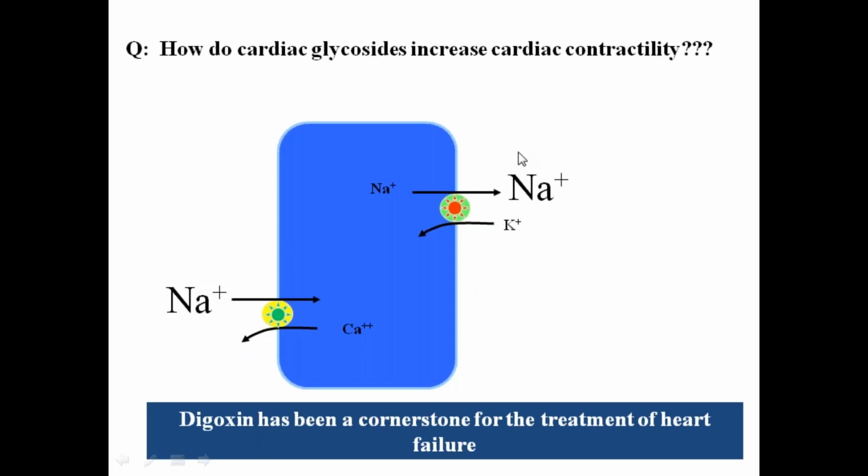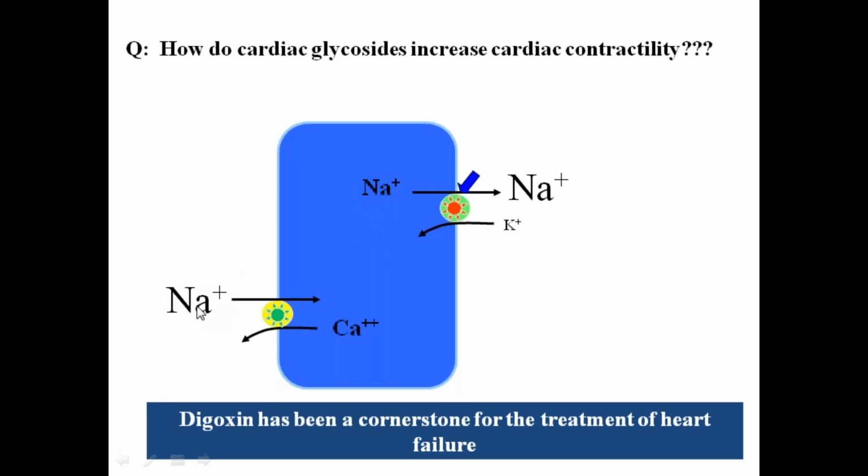Now what is happening? When you give this drug digitalis, it acts over this sodium potassium ATPase pump. Because of this drug, it inhibits your sodium potassium ATPase pump. And because of this pump inhibition, the amount of sodium which is present in the cell increases.